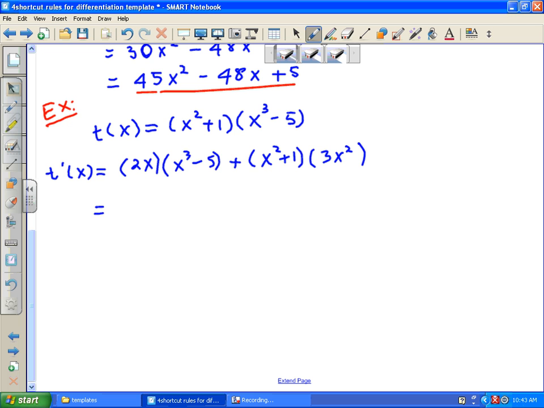So now we're going to multiply 2x times x cubed is 2x to the 4. 2x times negative 5 is negative 10x. 3x squared times x squared is 3x to the 4th. And 3x squared times 1 is 3x squared.